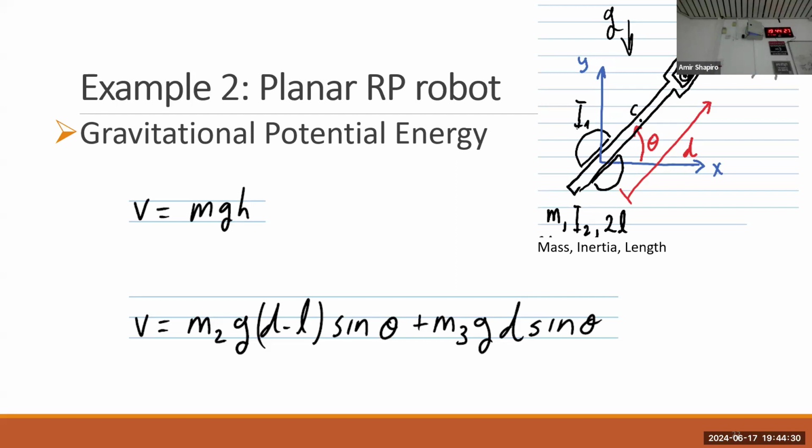The height of the center of mass of the second link is (d minus L) sine theta. So it's (d minus L) sine theta times m2 g. And the same for mass 3, but instead of d minus L, it's only d, times m3 g.